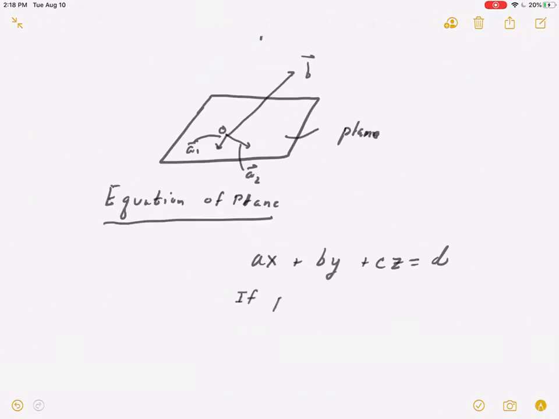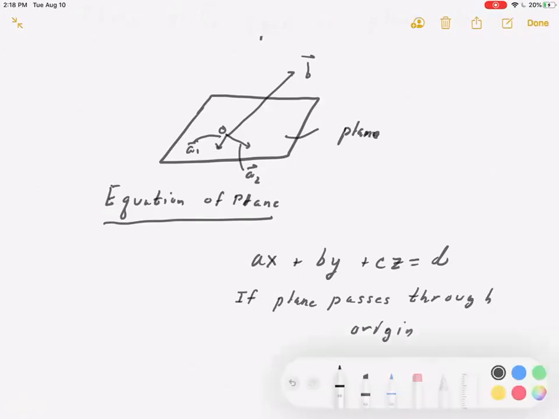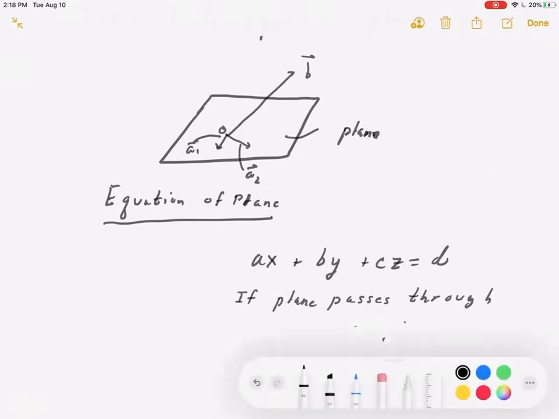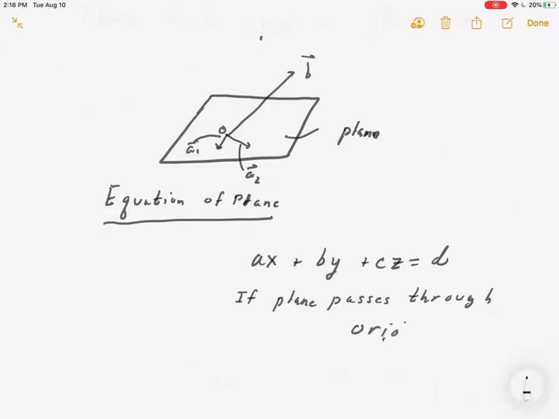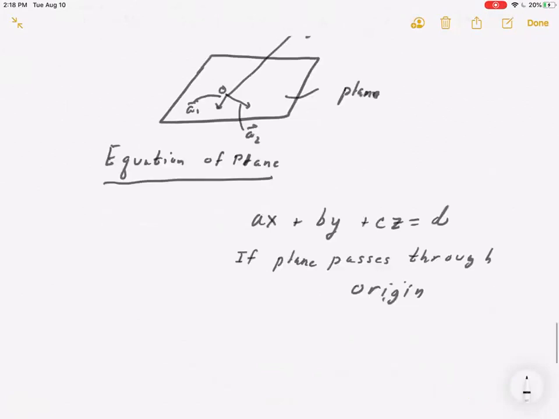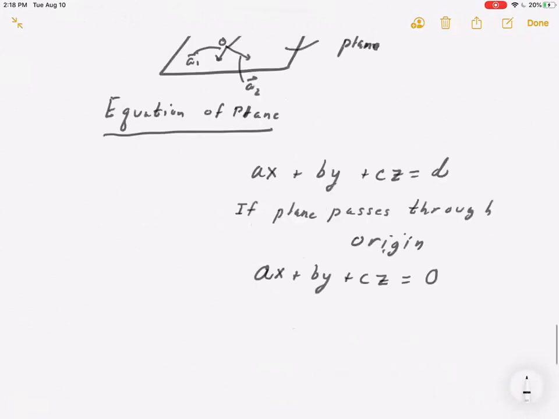And if the plane, in fact, passes through the origin, which we have defined it to do in our example, then the equation of the plane is just AX plus BY plus CZ equals 0.